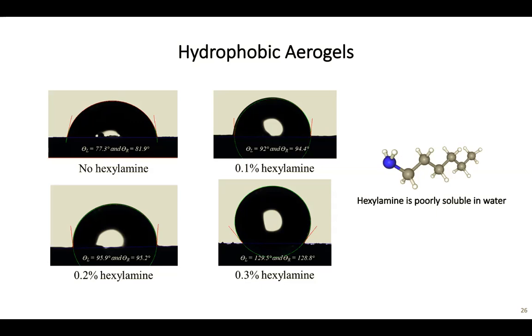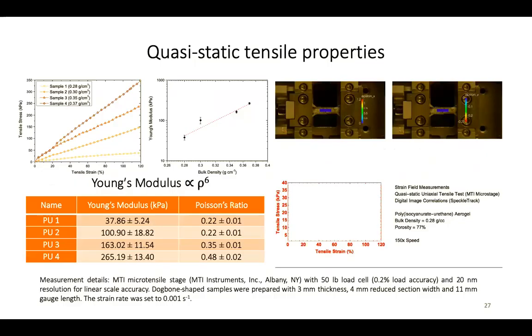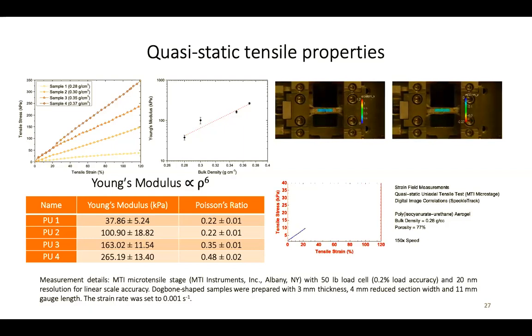So next slide. Under quasi-static tensile properties, next slide, was a study. All 4 samples at 4 different densities were characterized under tensile condition. On the right side, you can see a movie using 2D DIC.